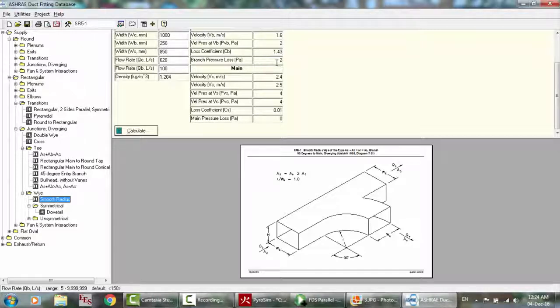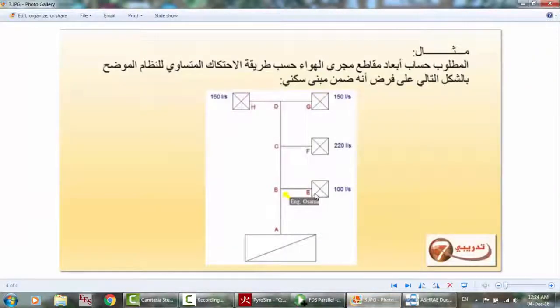What does this mean? Suppose that you have a fan and it pushes the air at 20 pascals.